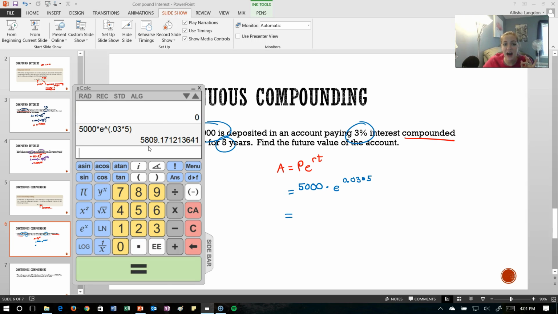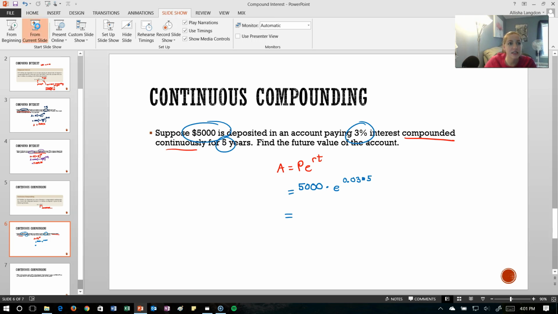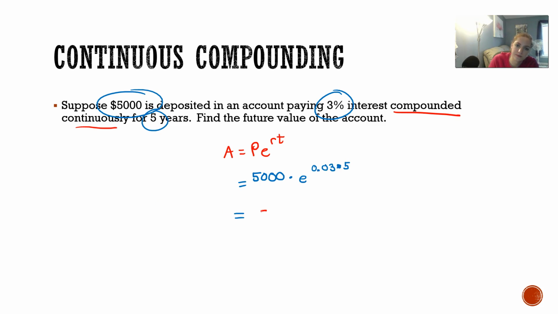And we see we have $5,809.17. Was it 8 cents? Hopefully I'm not totally off there. It's okay. So this one we did make about $809. Quite a bit more money there.